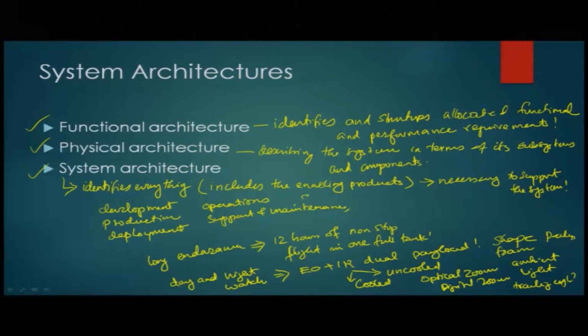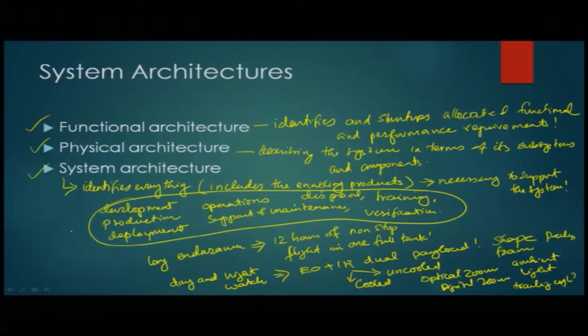Then there is disposal, and also it involves verification. So, all these aspects are the enabling aspects of ensuring that the system is doing what it is supposed to do.